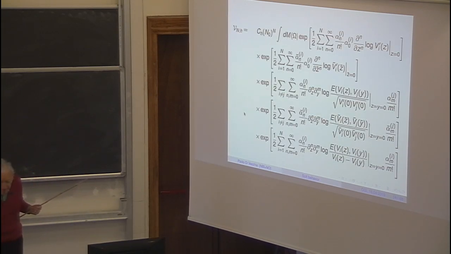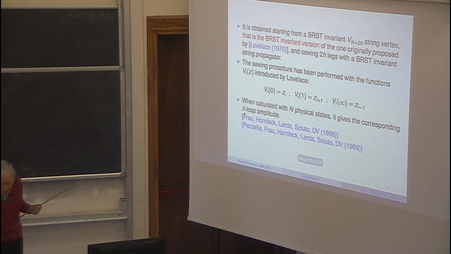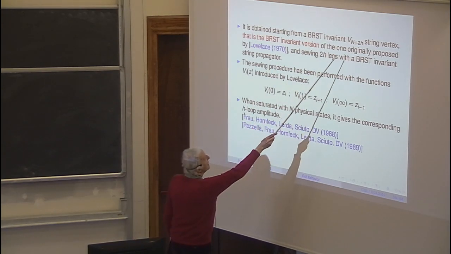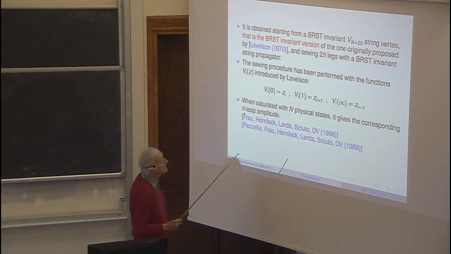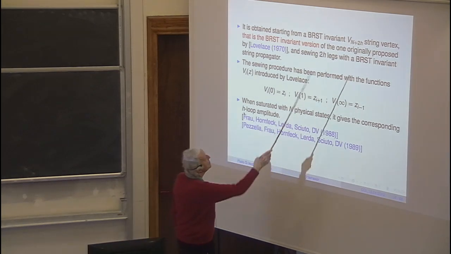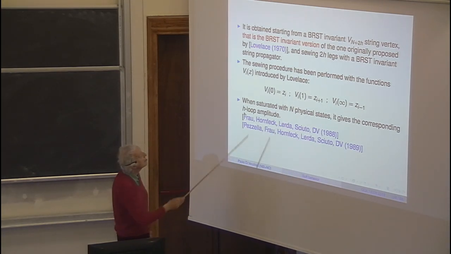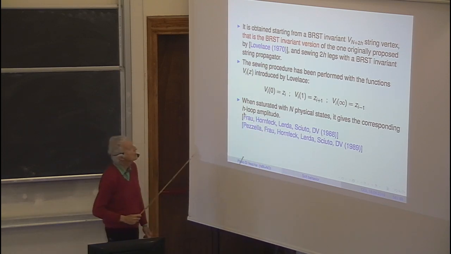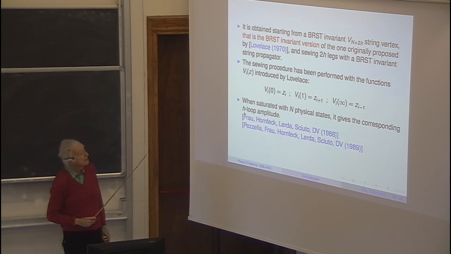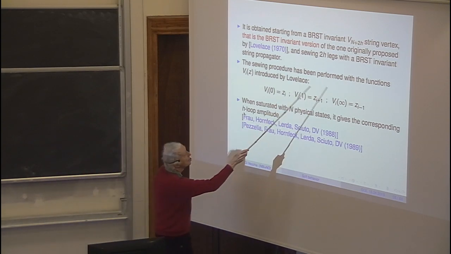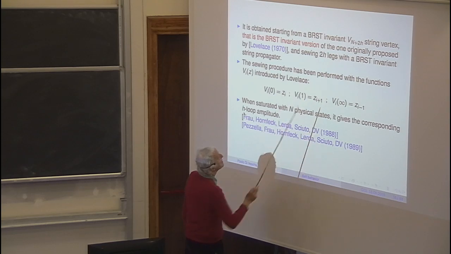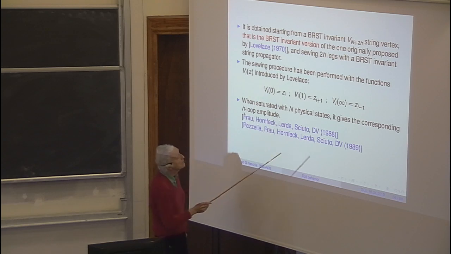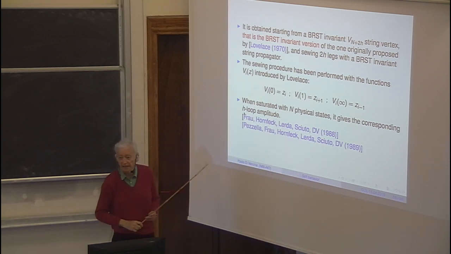In fact, what you do, you start with a BRST invariant string vertex which has n plus 2h punctures. This is a BRST invariant version of the one that Lovelace introduced in 1970. And you can prove that this vertex is completely BRST invariant.